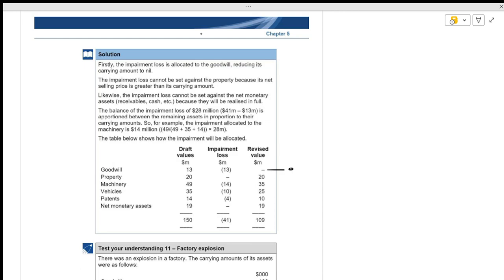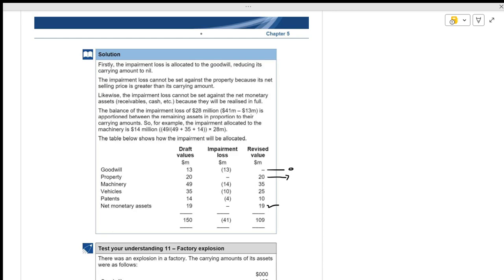The rule says that we cannot reduce below the carrying amount, which means we have to take the value as it is. Machinery. Likewise, the impairment loss cannot be set against non-monetary items. Non-monetary items should always be in full.